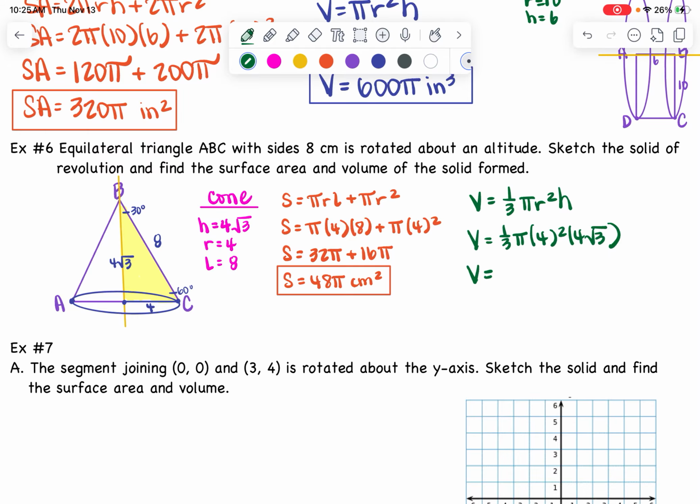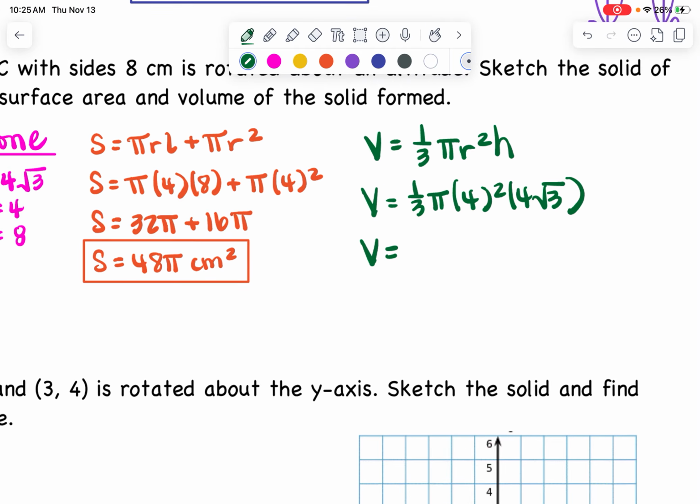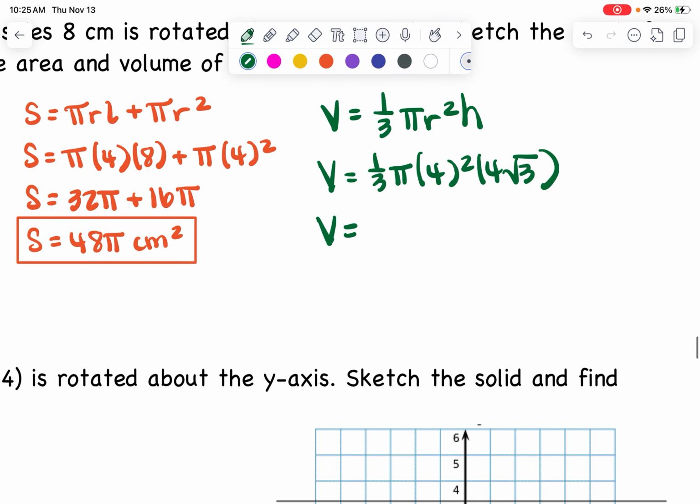Oh, that's not a pretty number. What a gross answer. Are you ready for this? That's going to be 64 pi root 3 over 3. That darn 1/3. Now, how did I get that? Well, I can only multiply outside numbers. So in my calculator, I do 1/3 times 4 squared times 4.